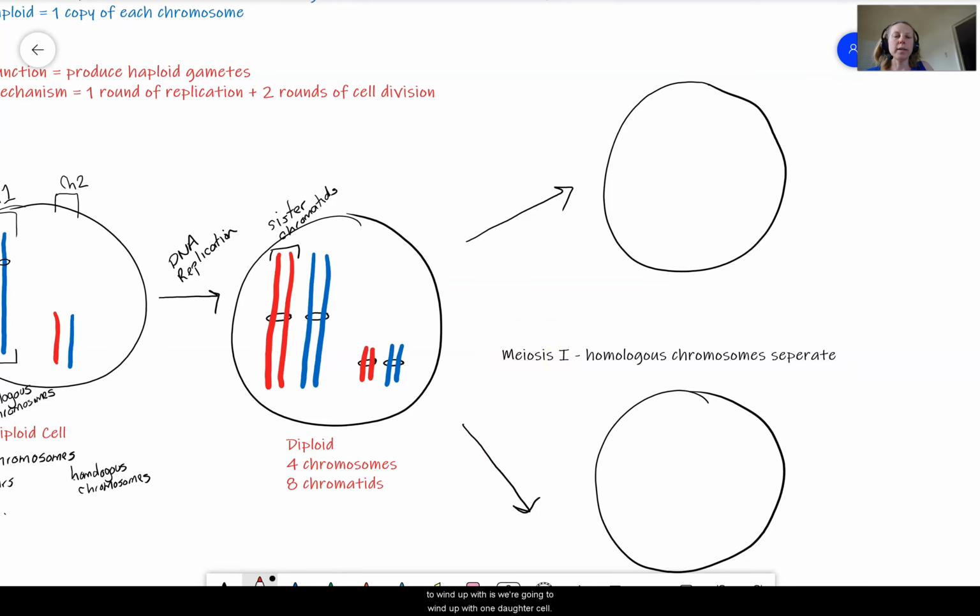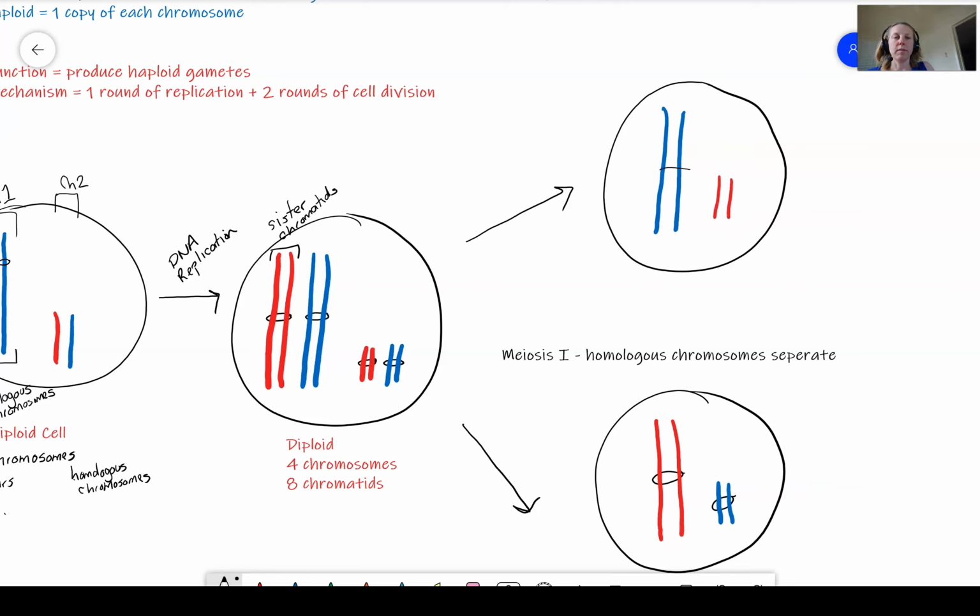So we're going to wind up with one daughter cell that has 1 copy of chromosome 1 and 1 copy of chromosome 2. And the other daughter cell is going to have a different copy of chromosome 1 and a different copy of chromosome 2.